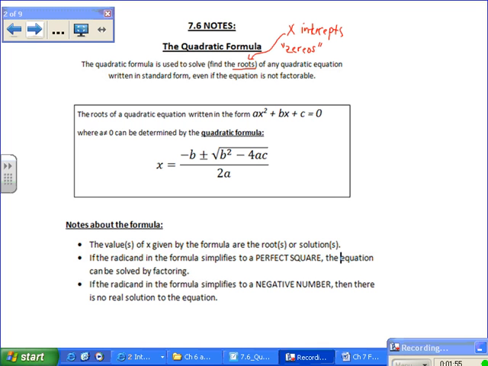It's really important that if your quadratic equation is given to you and it's not in standard form, you need to get it into standard form, so that you can clearly see what your values of a, b, and c are, because you're going to have to plug those values into the formula. So the first thing you need to do is, if it's not in standard form, get it into standard form.